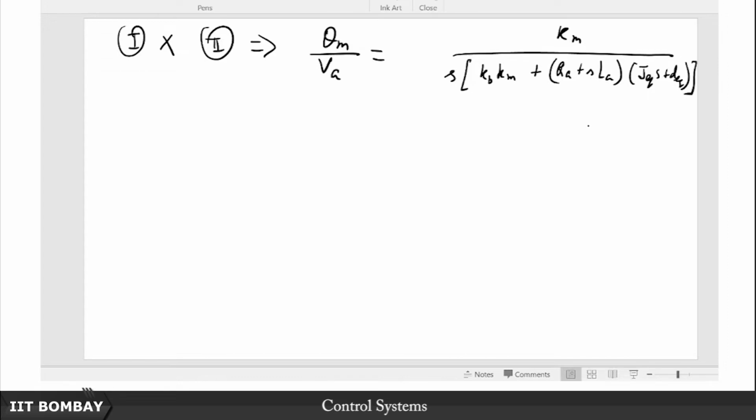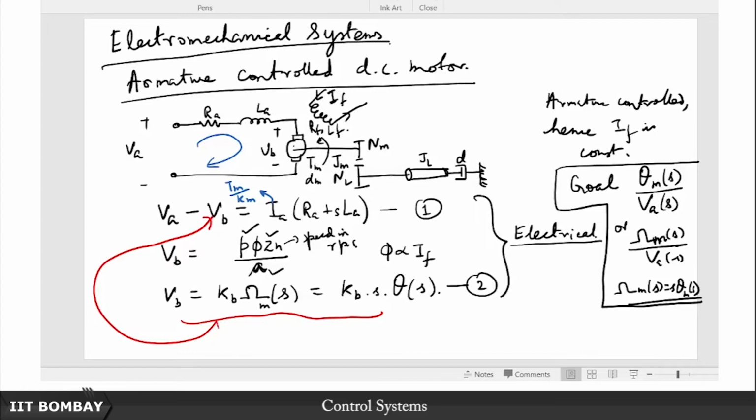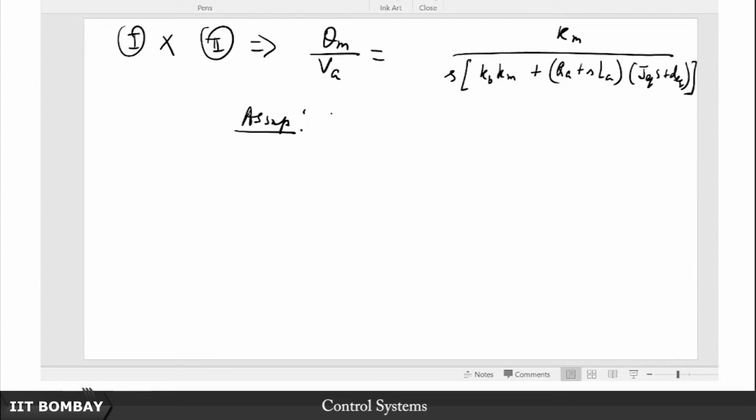Now I am going to make another assumption. What is that assumption going to be? The assumption again comes from my understanding of the electrical circuit. I am saying that in the armature circuit, which is basically this circuit, and it is a reasonable assumption to make, we have that La by Ra is very, very small, right.